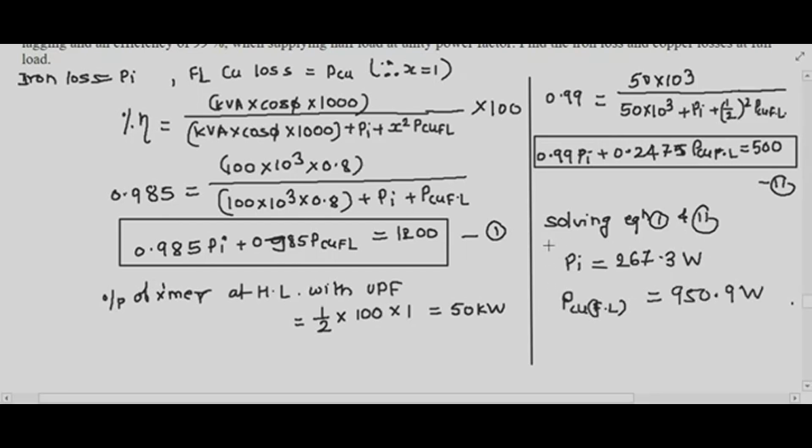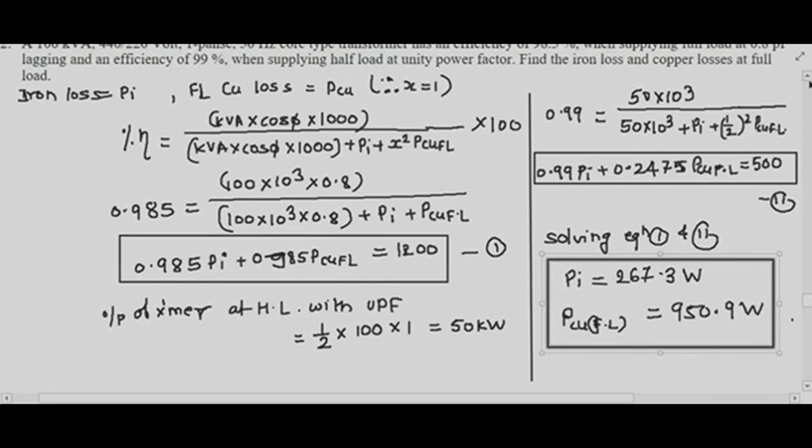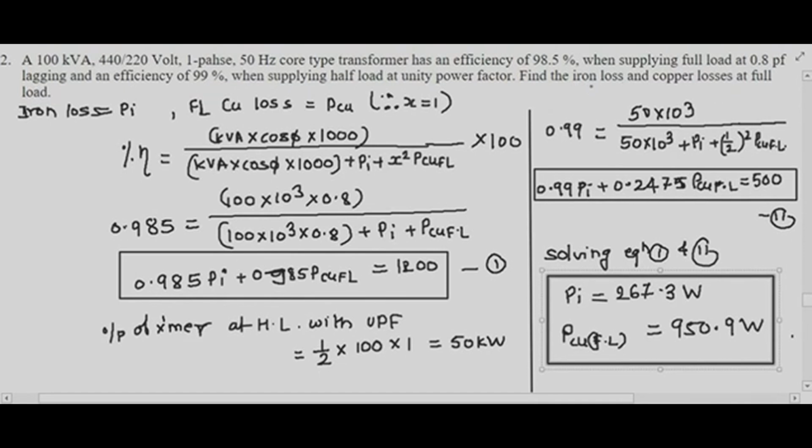So please verify this, solve these two equations. These are two linear equations. By solving them, I am getting the copper loss and the iron loss. So iron loss we got, as well as copper loss at full load we got. Now move to the next problem.